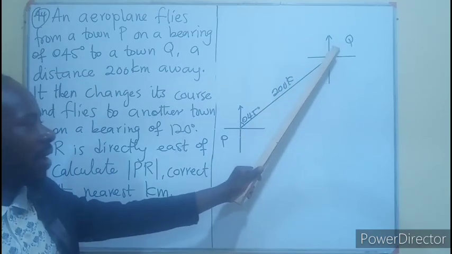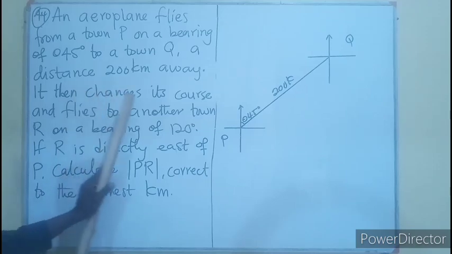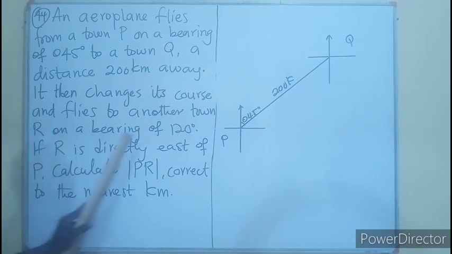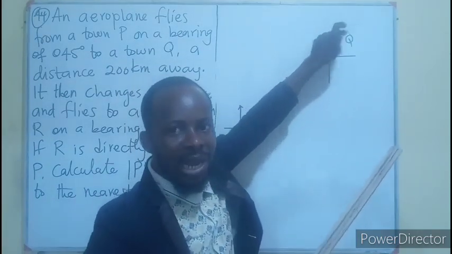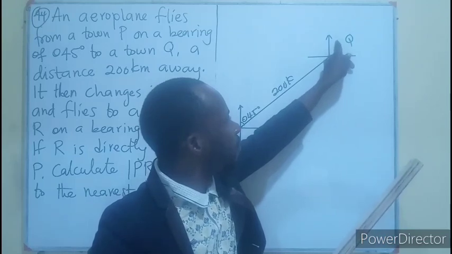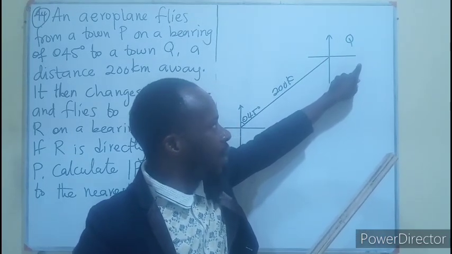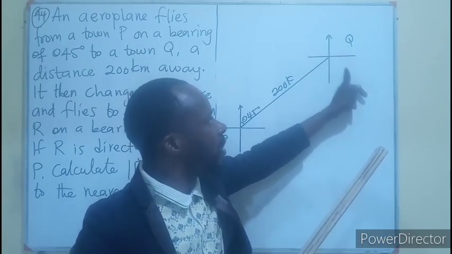Then when the aeroplane gets to the town Q, he decides to what? Change the course and flies to another town R on a bearing of 120, meaning he's measuring from Q, the bearing of 120. If you fly all the way to this place, it will be 90 degrees. So we'll be flying away, getting close to the 180, but we need 120.